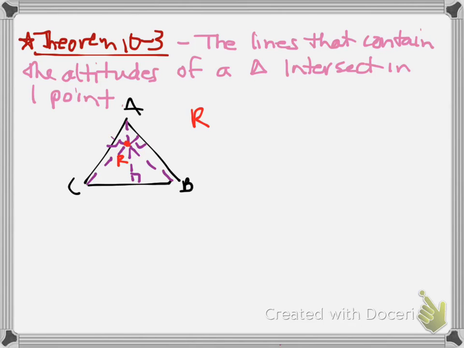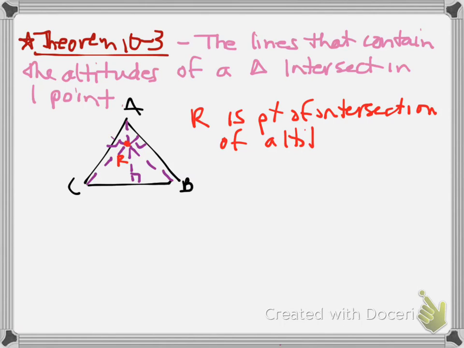R is, there's nothing much to say. That's the point of intersection of the altitudes. Okay. Now, the most important one is the next one, and this is the one that you're going to see used a lot.